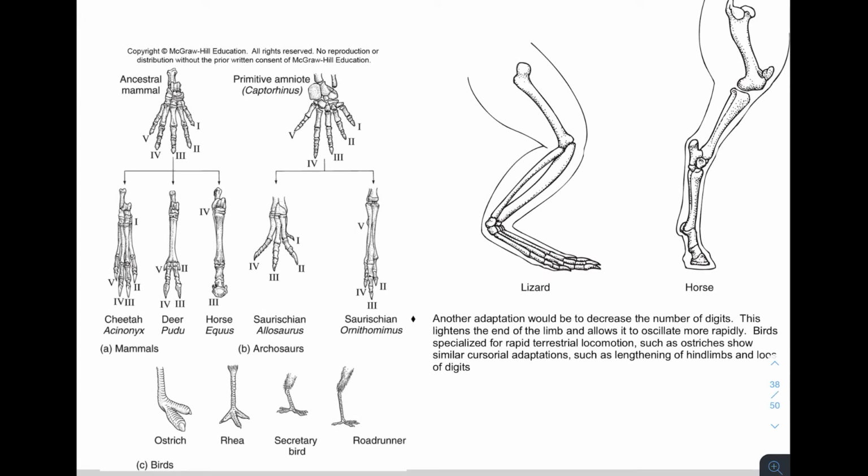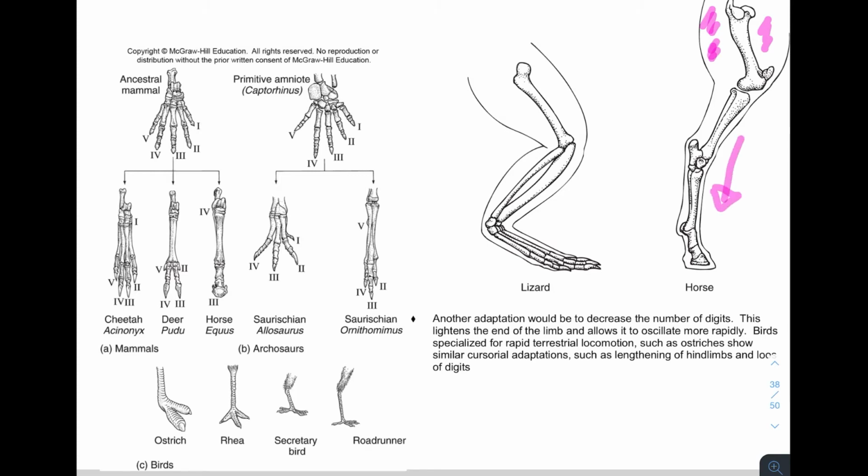So here are some differences between a lizard limb structure and a horse limb structure. Lizard not built for speed, horse definitely built for speed. And what you see is that the musculature of the horse is way up high on the limb, and that the musculature definitely thins out as we make our way down the limb.